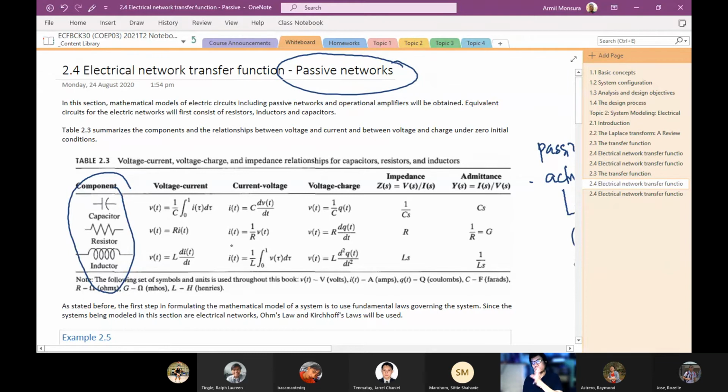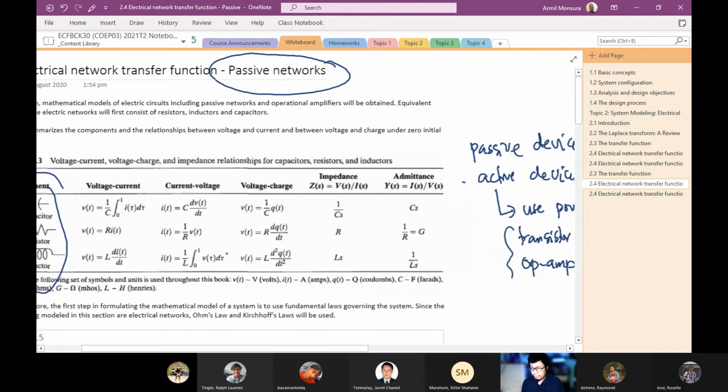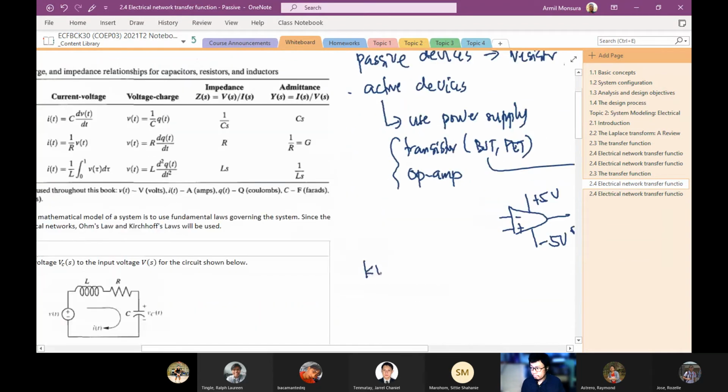When we determine the transfer function of these electrical networks, we will use mga circuit theorems: KVL, KCL, at saka Ohm's law. Gagamitin natin yung mga yan, these analysis tools.